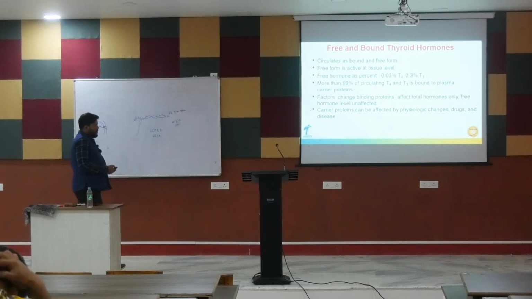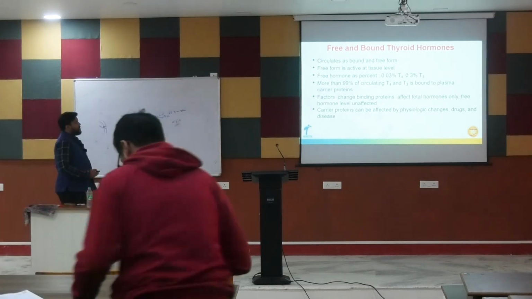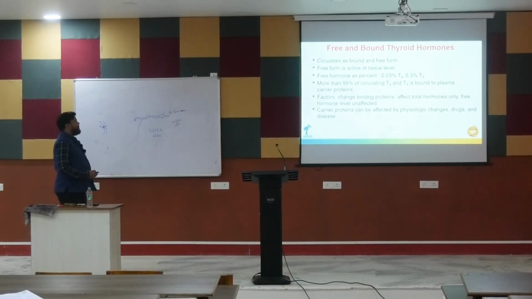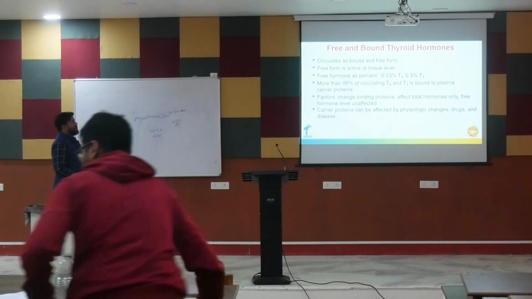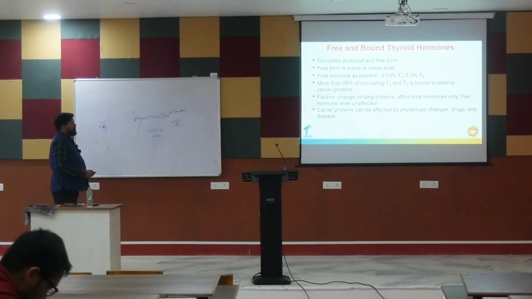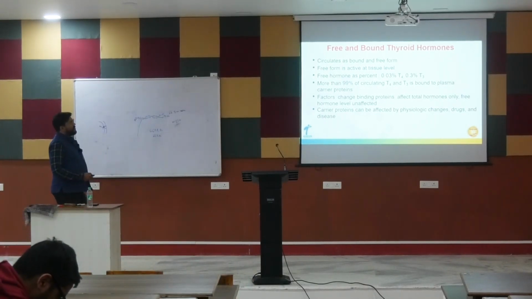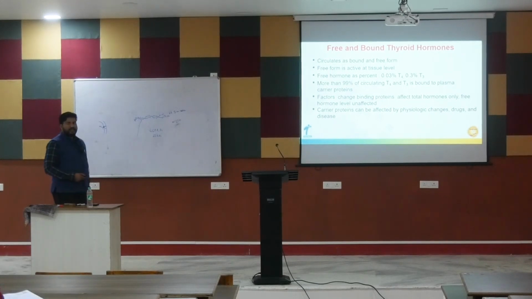So free and bound hormones. They circulate as both bound and free form. Free form is active at the tissue level. Free hormones are present in a very minimal amount: 0.03% of T4 and 0.3% of T3.